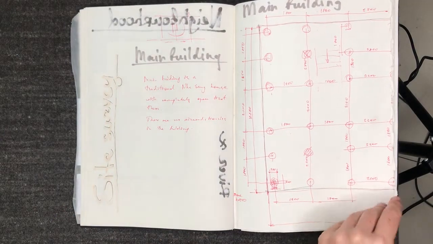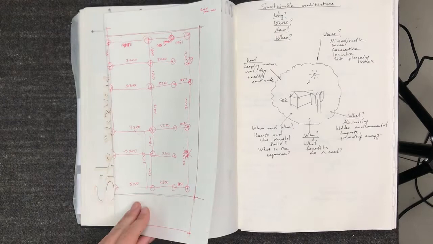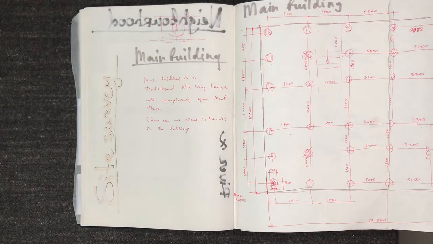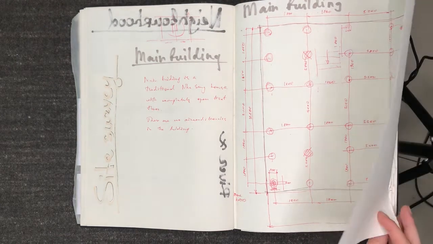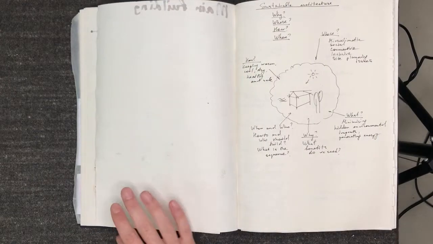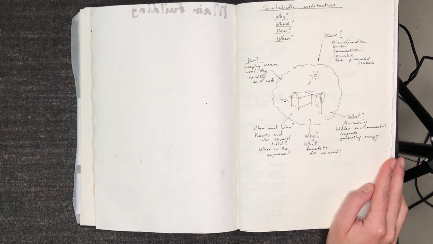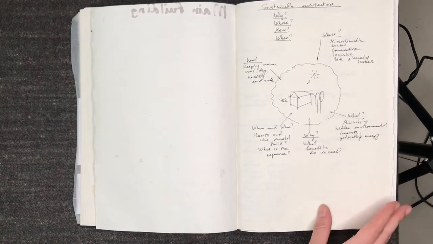Measuring the main building, which is a Nha Song. Nha Song is a traditional Vietnamese architecture, type of architecture. So that's why the name of the project is Nha Song project. Research on sustainable architecture, why, where, how, and when.